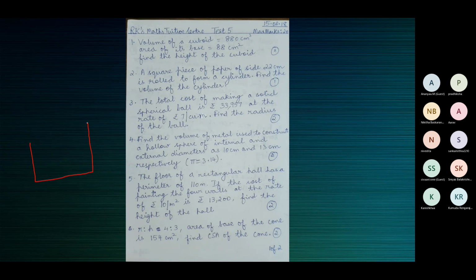When you roll it up and bring this edge and this edge together, make sure that this edge meets this edge and doesn't overlap. The opposite edges meet. Then you can see a cylinder will be formed. The cylinder will be open at both the ends.